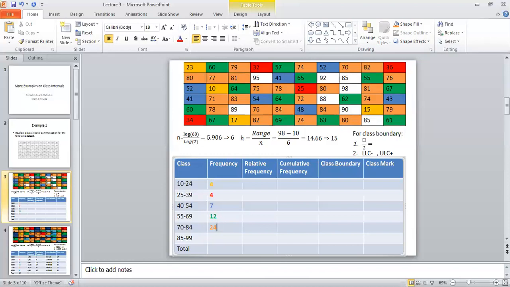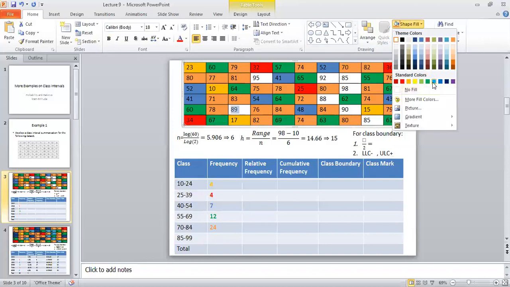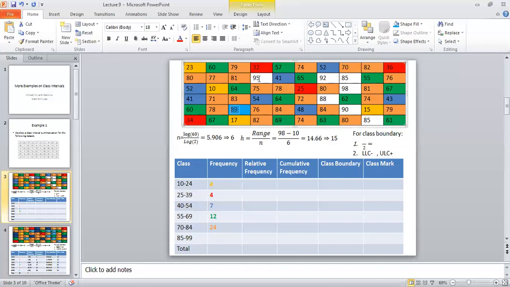And then comes the last one, which is 85 to 89. So all the remaining ones will go in this interval. So just fill it up with any color which you like. So 85 to 99, sorry, this one 85 to 99, then this one 92 will also be part of this class, and then 85, 98 both will be part of this class. 90 will also be part of this class, and in the end 85 will also be part of this class.